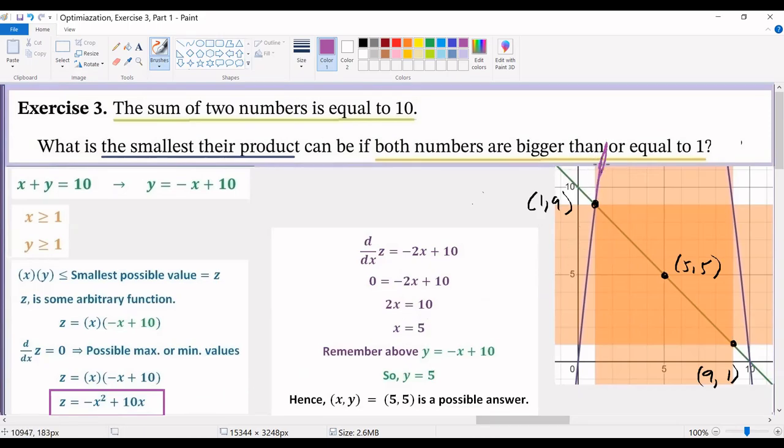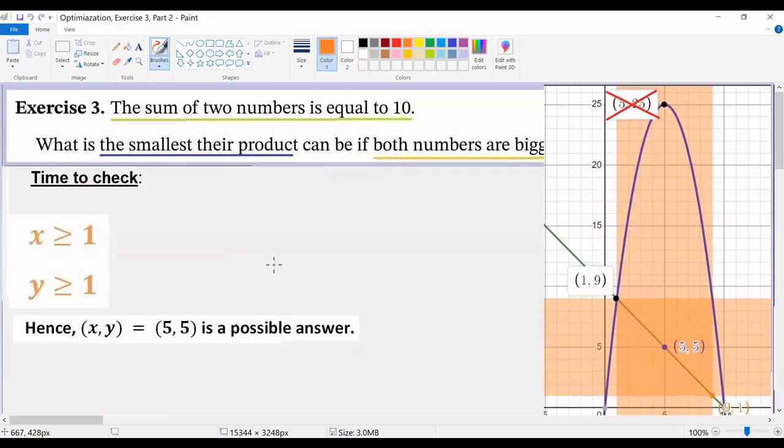Well, if we extend out our graph of the parabola and state our vertex value of 5 comma 25, this is clearly outside the original equation where the sum of the two values has to be equal to 10.